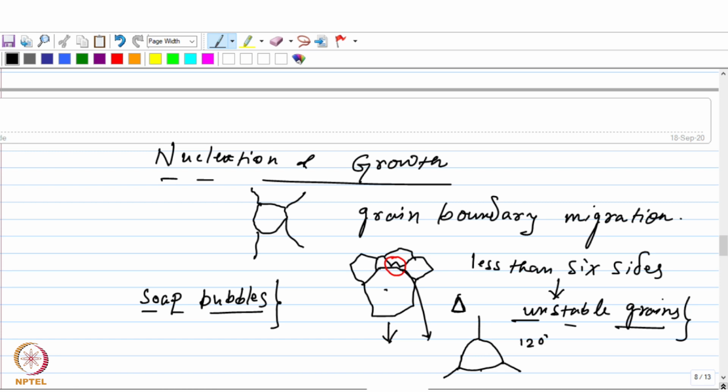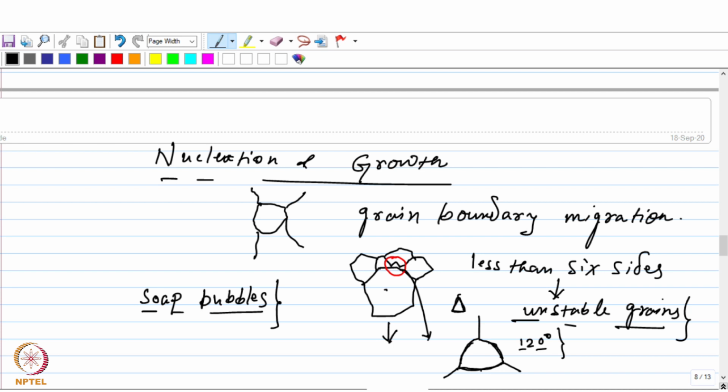Okay, and in order to maintain this angle, they will actually be curved like this, which is concave towards the center, right?